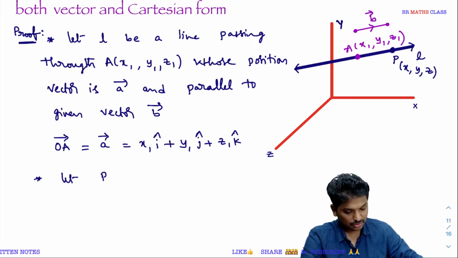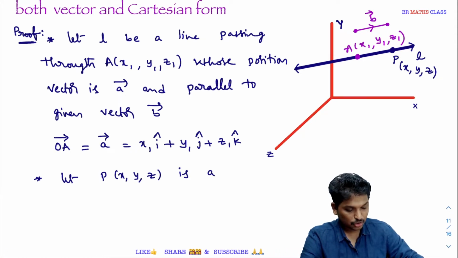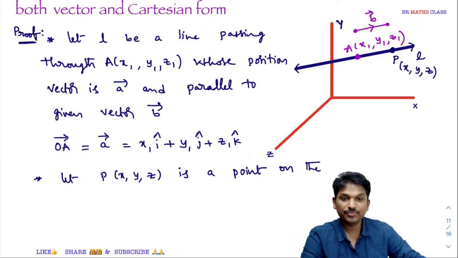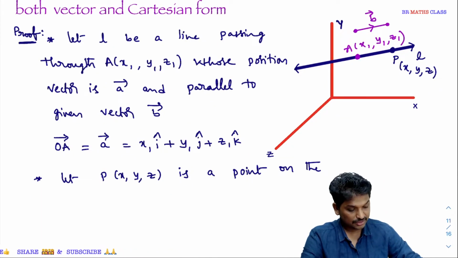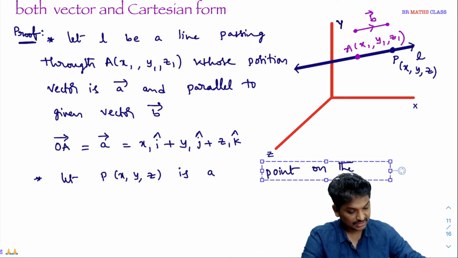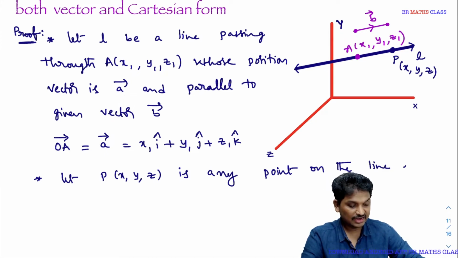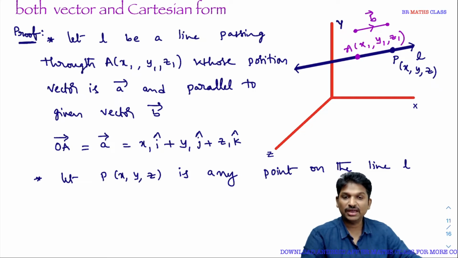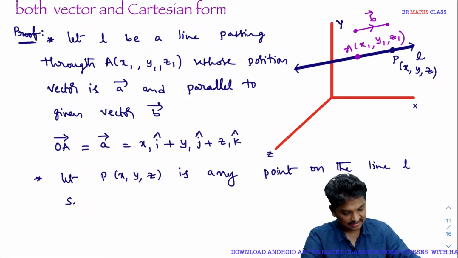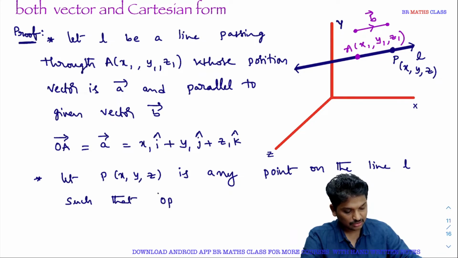Let P of x comma y comma z be any point on the line L, such that OP bar equal to R bar.